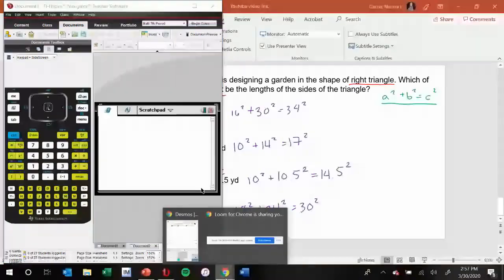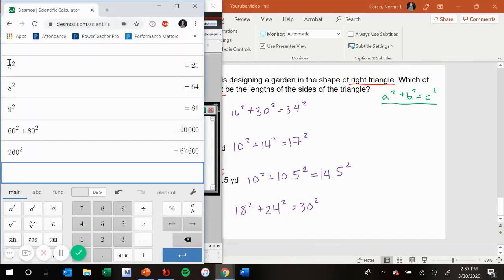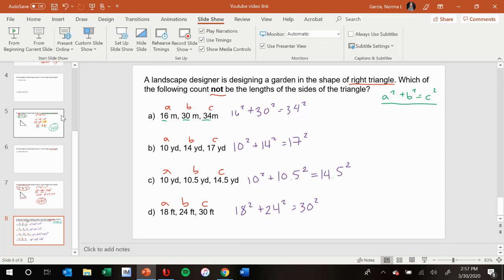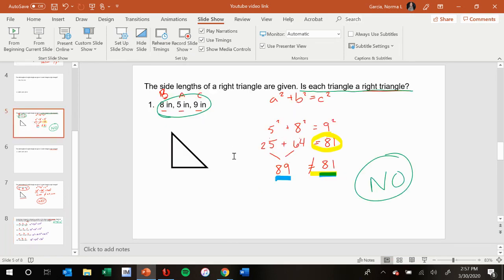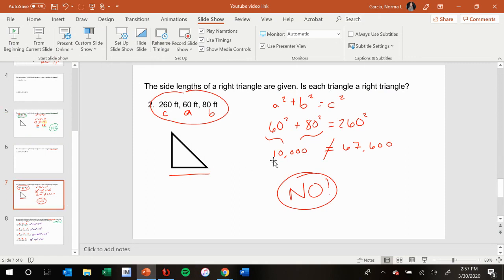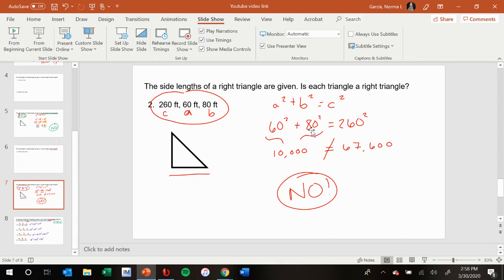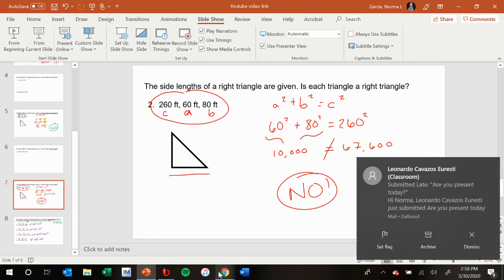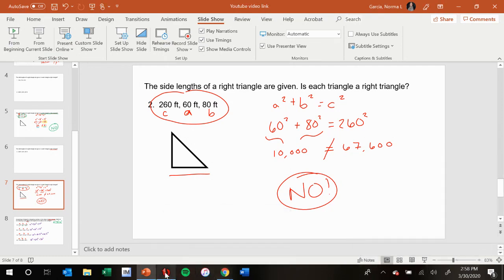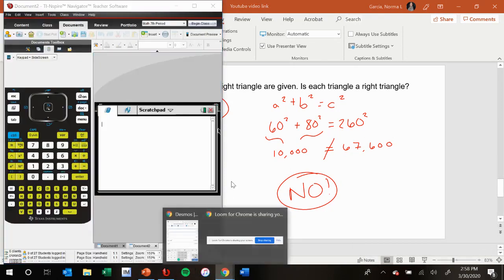You can either break it down each one, do like 16 squared and then 30 squared equals 34 squared, add them up, and then you see if they're equal to each other, just like we did in the first example, like this. Or you could do it like this, where you add both of these together in the calculator and then just get your total. Or you can use this step here.